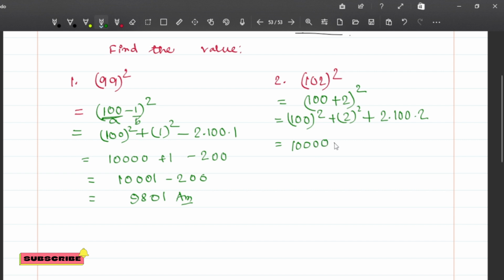So do the calculation and get the answer.